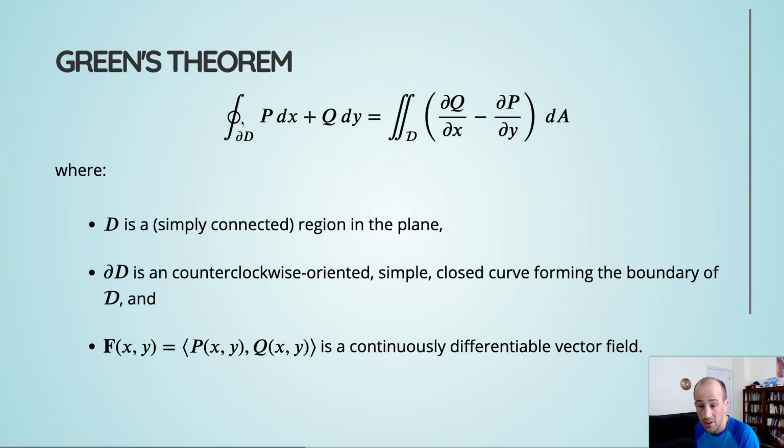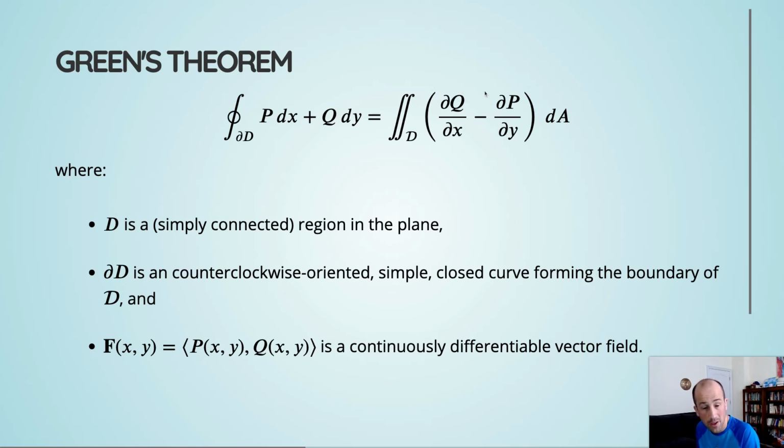On the left, we have a line integral around the boundary for a general vector field with components P and Q, and it's counterclockwise oriented. And we see that that's equal to some double integral over the interior, where D is the interior. We relate an integral on the outside to a double integral over the interior. And this is a scalar here. I've got a partial derivative of Q. Q is a scalar.